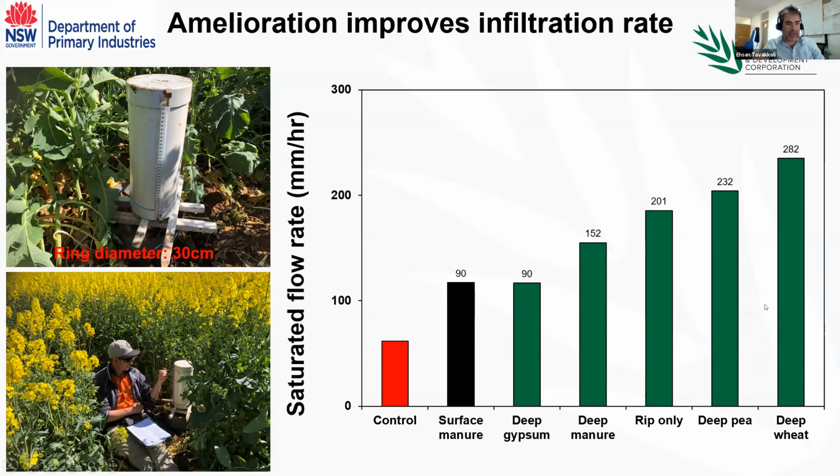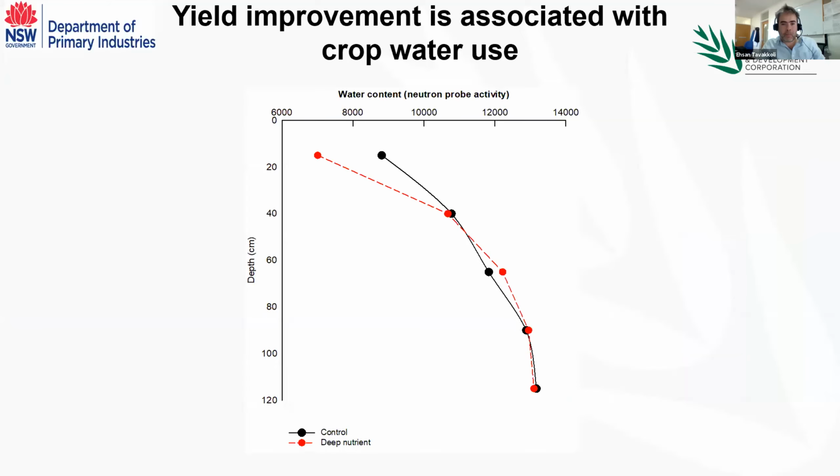That means you actually improve that dense clay to let more water go into the subsoil. Okay, and this measurement here is how much water is being taken up by the plant.